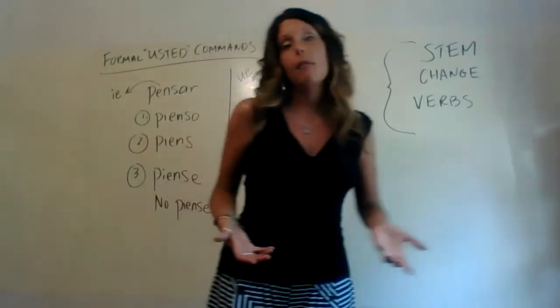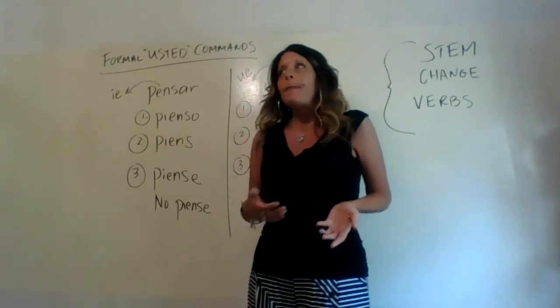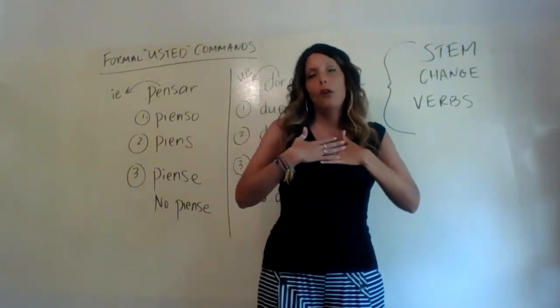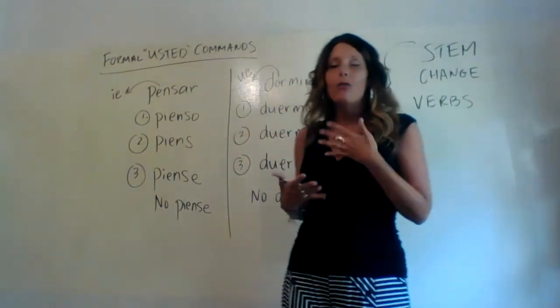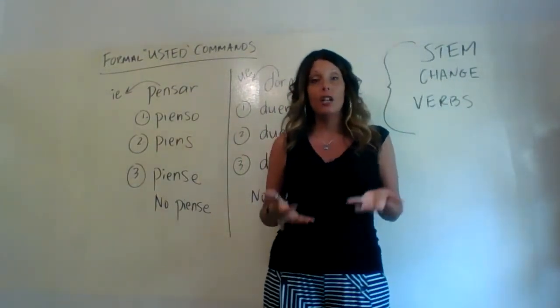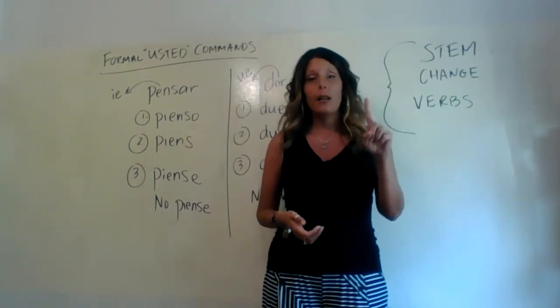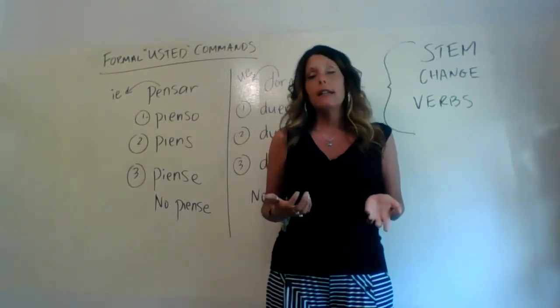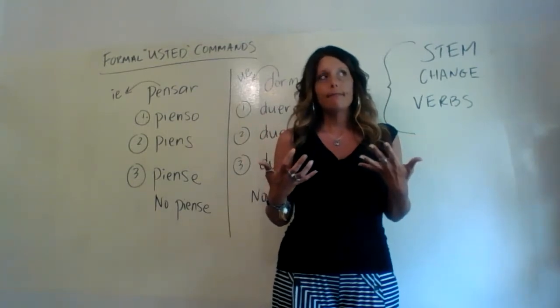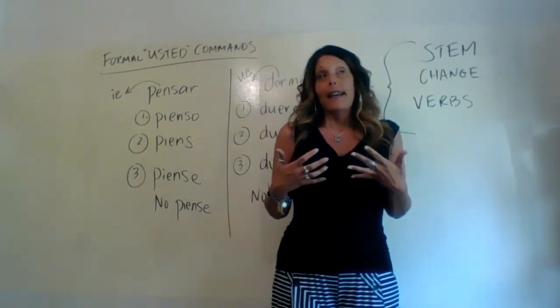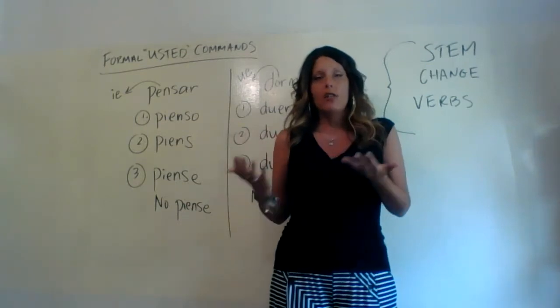So same steps. It's just a matter of, if I don't know that the verb pensar or the verb dormir are stem change verbs, step 1 is going to be impossible for me, because step 1 is the point at which we account for the stem change that occurs.